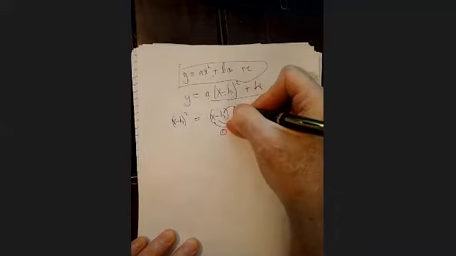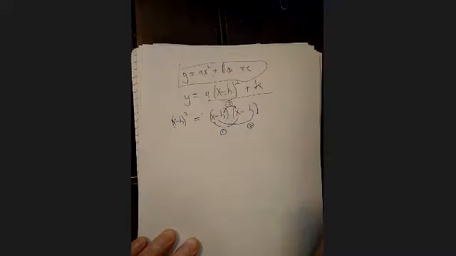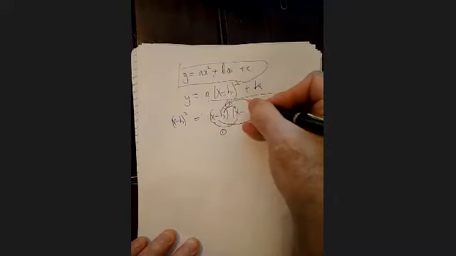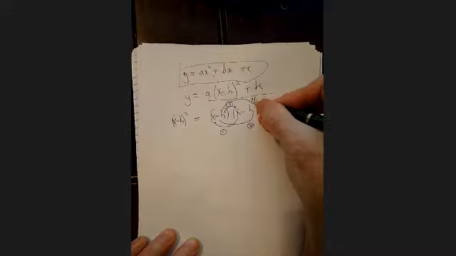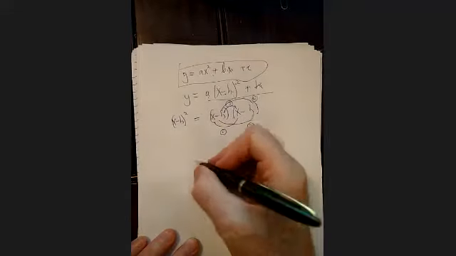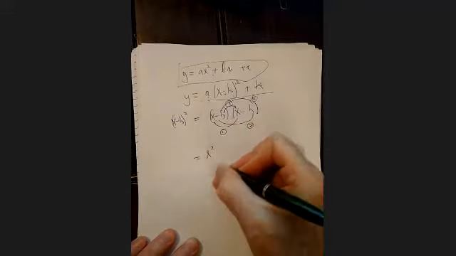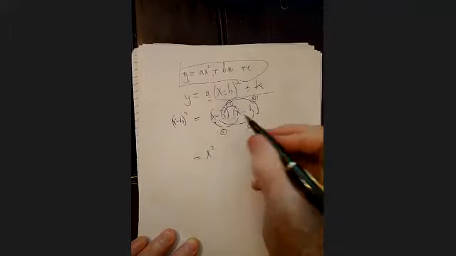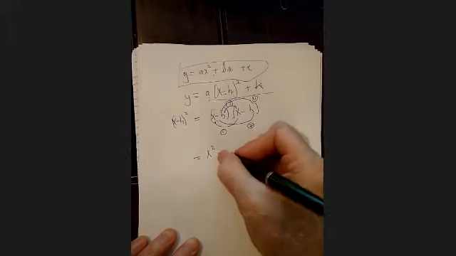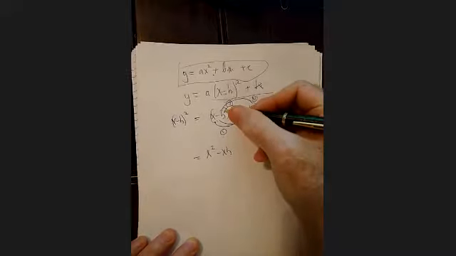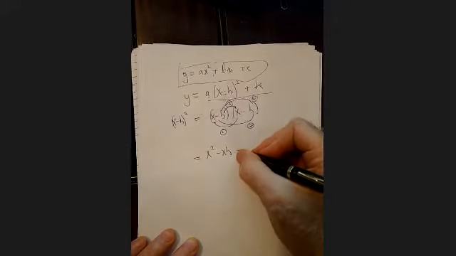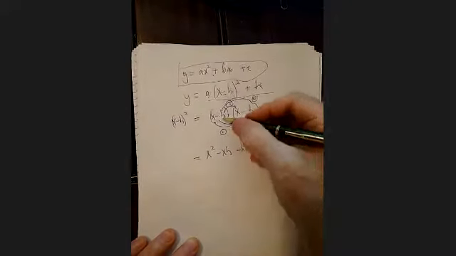I'm going to do this one, minus h times x, and then the fourth piece will be that. So the first thing, x times x, x squared. The second, minus x times minus h. The third, minus h times x. And the last, minus h squared.